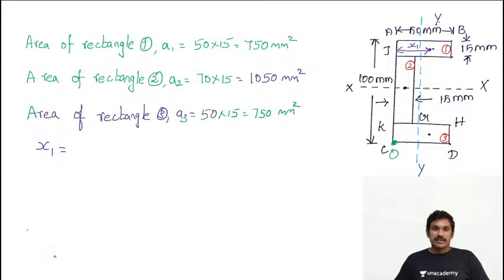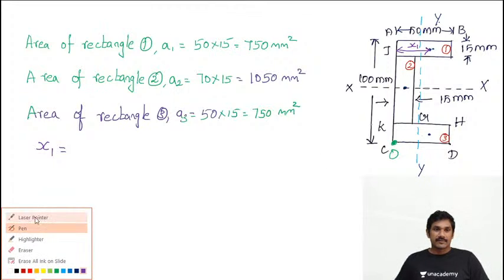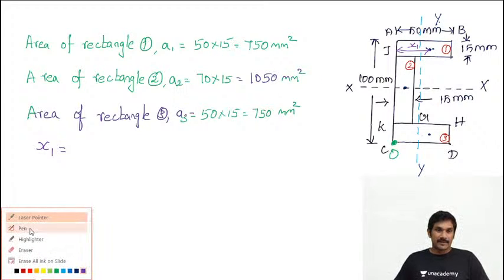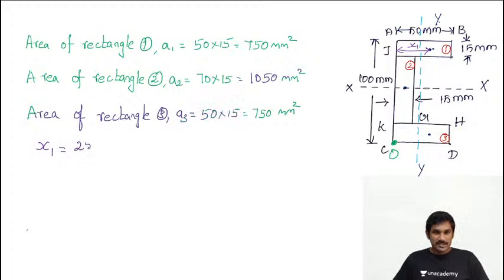So we know that x1 is half of the total length. So the total length is 50 mm, half is 25 mm. Okay, so x1 is 25 mm. And what is the value of x2? This is x2 value.